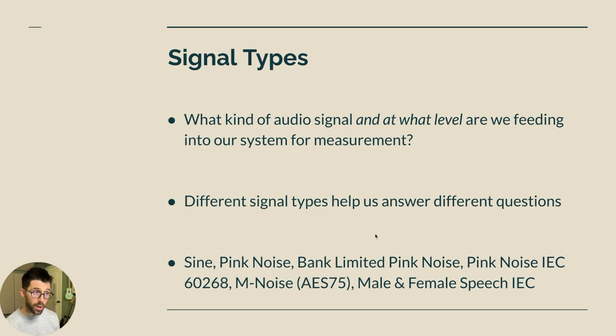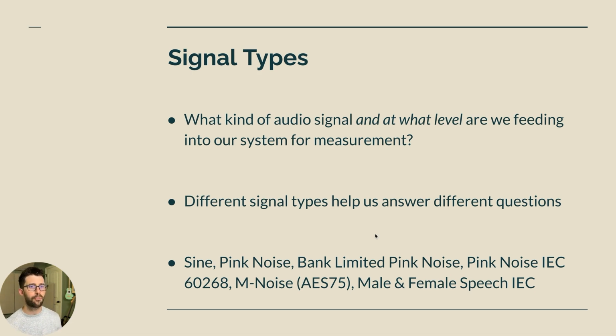We have M-noise, now known as AES75. This was developed by Meyer Sound first and then more or less given to the AES to be able to use as a testing procedure. It's very similar to IEC 60268 as far as its spectral content, but the crest factor actually increases with frequency. We'll unpack that.